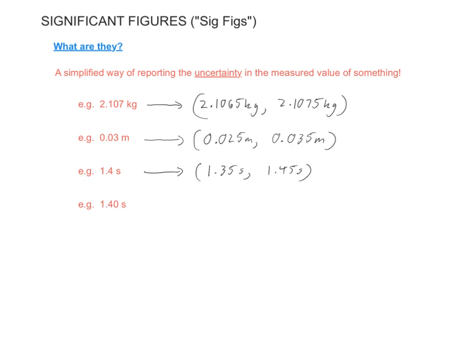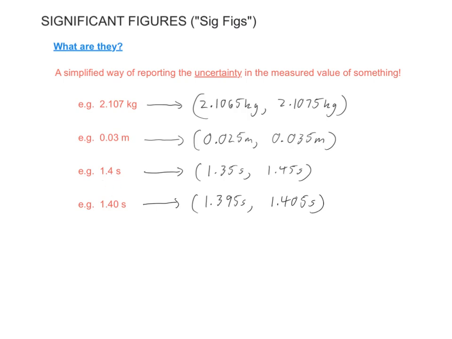On the other hand, if I measure the time and I report it as 1.40 seconds, then what I'm really claiming is that this time is actually between 1.395 seconds and 1.405 seconds.